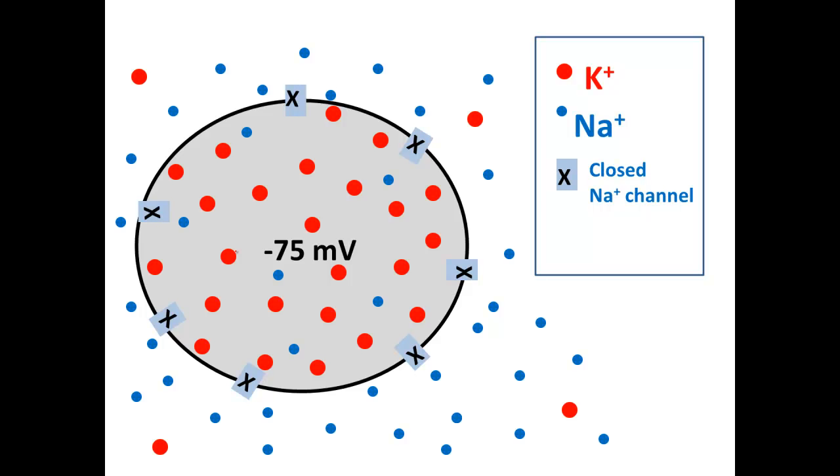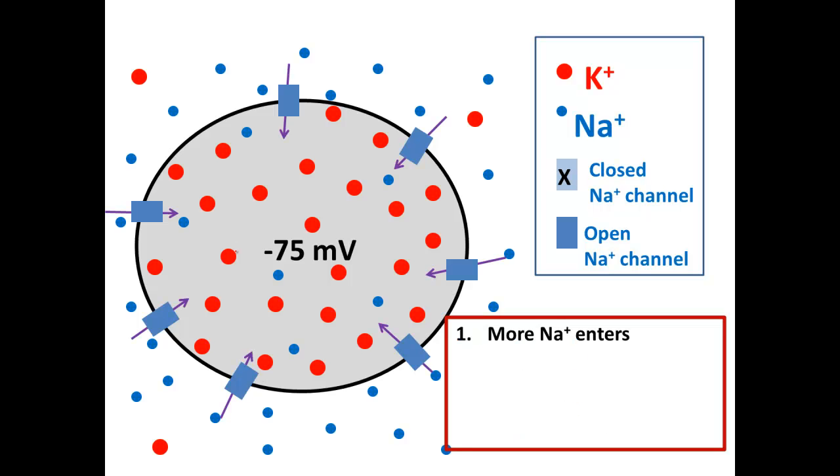Now let's think about what would happen if we suddenly opened up all those sodium channels. Well, sodium is going to come in. It's going to move down its concentration gradient. It's going to diffuse across that membrane, and it's going to enter the cell. And of course, sodium, like potassium, is a positively charged ion.